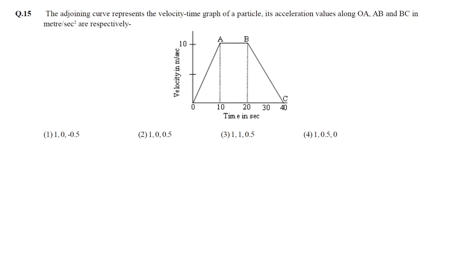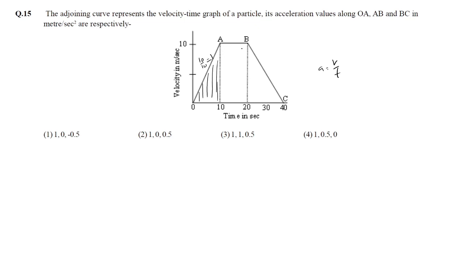The adjoining curve represents the velocity time graph of a particle. Its acceleration value along OA, AB and BC. Okay, acceleration they are asking, that means slope we should find out. Velocity time graph slope will give you acceleration. So for this particular portion, if you find out the slope, 10 by 10 we'll get it as 1.